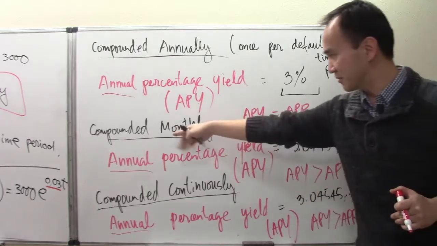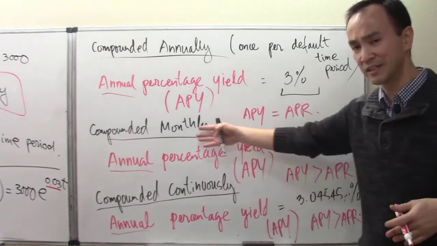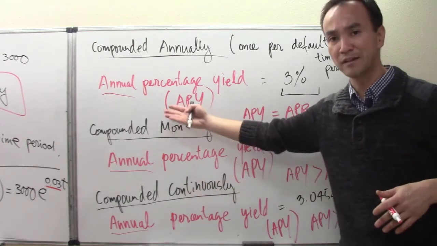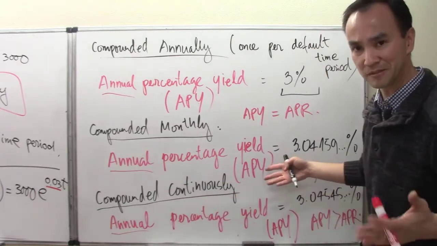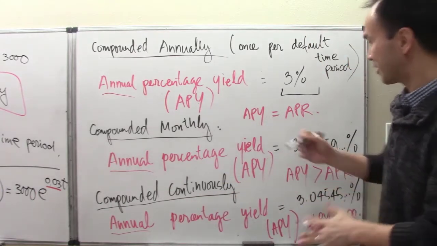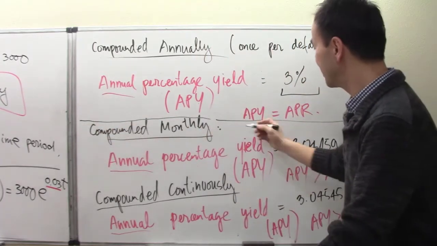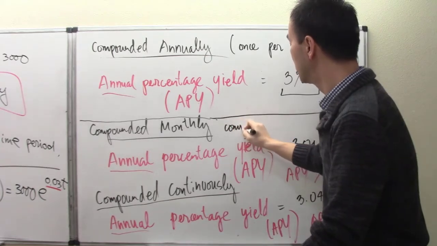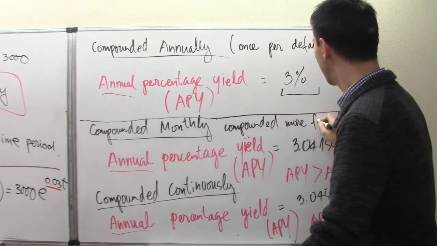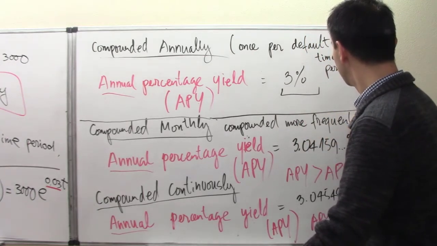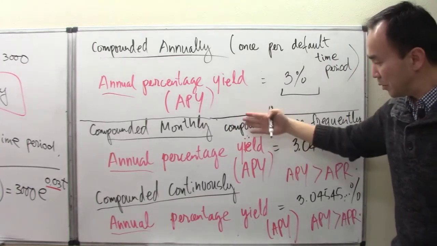Starting with compounded monthly, compounded continuously, compounded daily, or anything like that, we are compounding more frequently than once per default time period. Starting at this point, see these two problems down here, we are compounding more frequently.